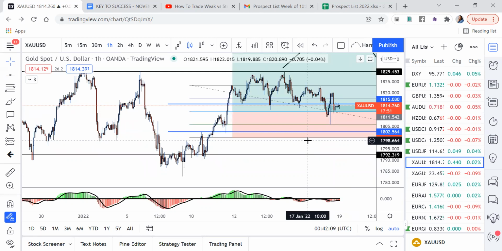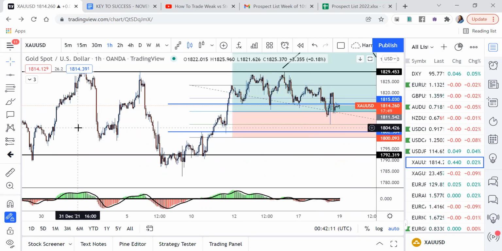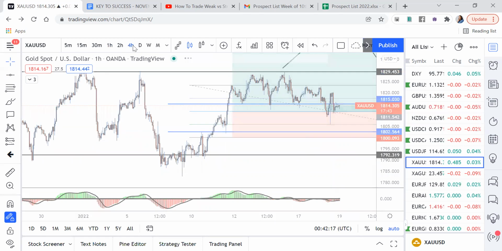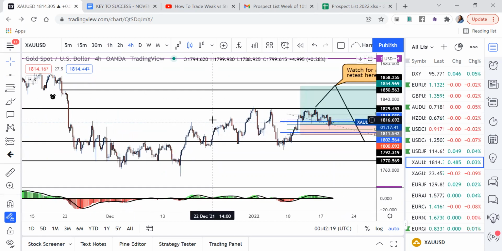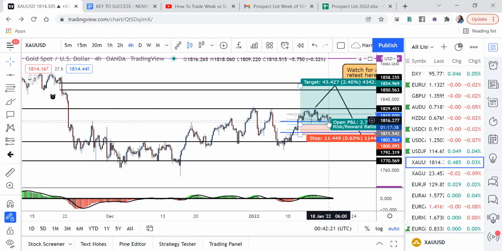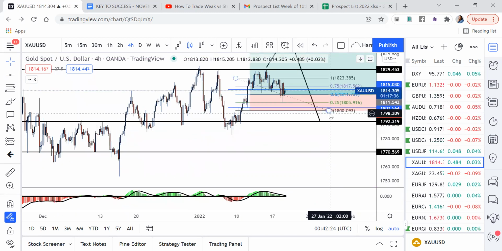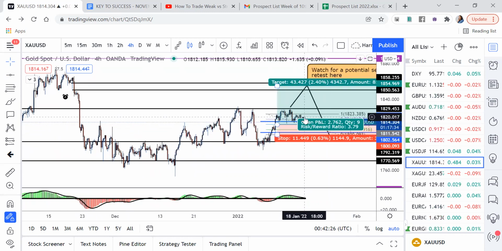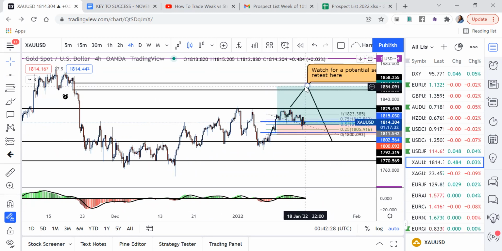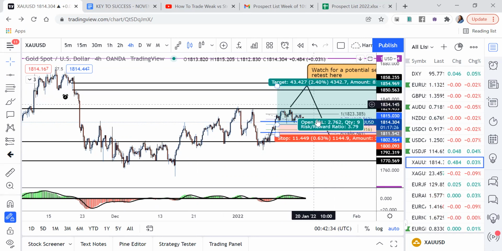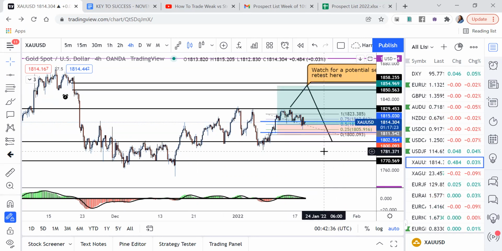Gold. So gold, I spoke about gold on Sunday. Now with gold, I have price to retest here, which it did activate. I did not personally take the setup, and for price to come up to this zone, I didn't take the setup. Why?